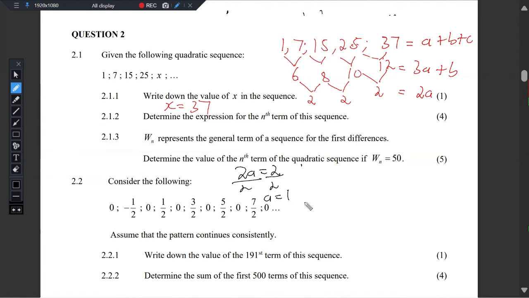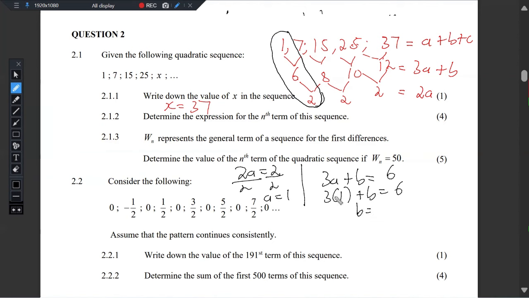Now I want b, so note that we always use this first branch here. So we want to use the values from the first branch here. Then this will be 3a plus b is equals to 6. I already have a, it's 1, and then plus b is equals to 6. So if I transpose the 3 over to that side, 6 minus 3 is equals to 3.